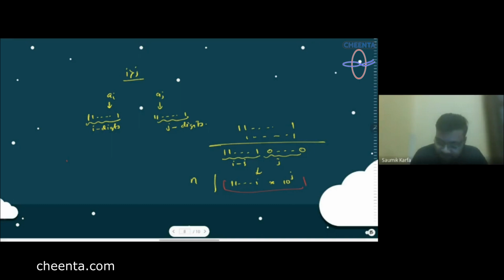So n must divide this part, as n does not divide 10 to the power J. So this number containing I minus J 1s is a multiple of n, and this multiple contains all digits as 1, right? So that proves our problem.